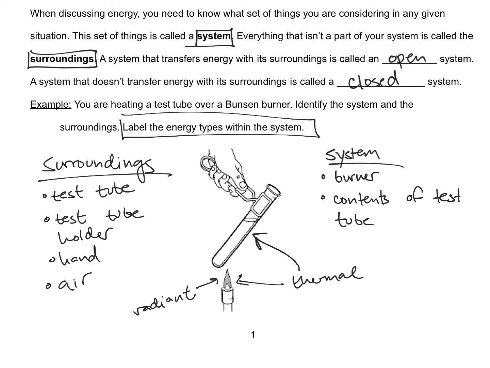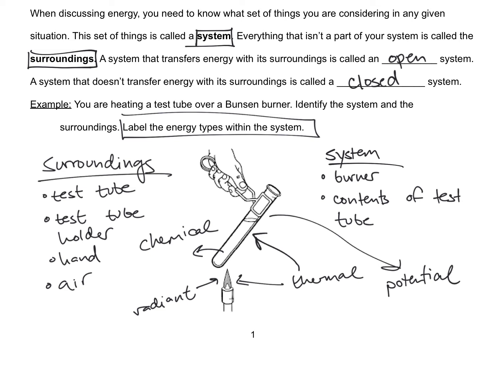And you probably have some chemical energy inside your chemical. And you could also construe this to be potential energy because we are holding the test tube up over the ground, so it has the potential to fall and speed up. So it does have some potential energy. So we got lots of different types of energy there.